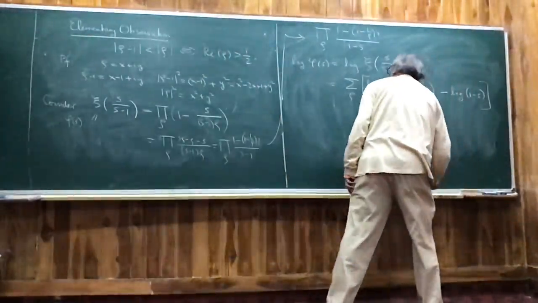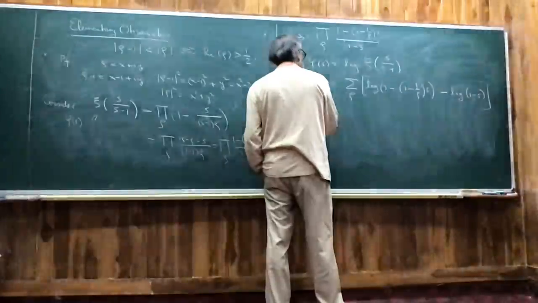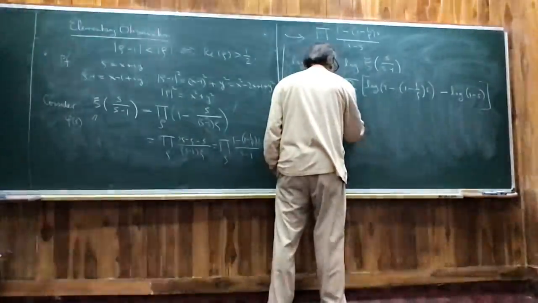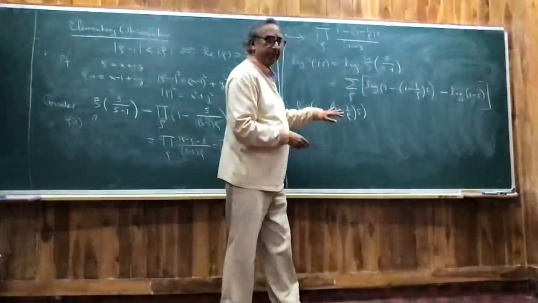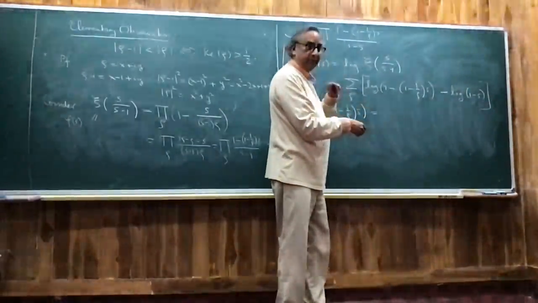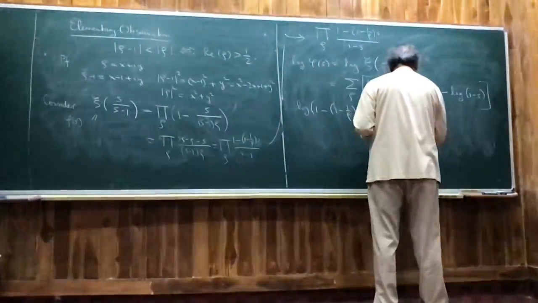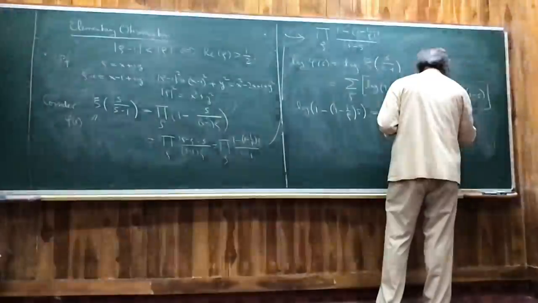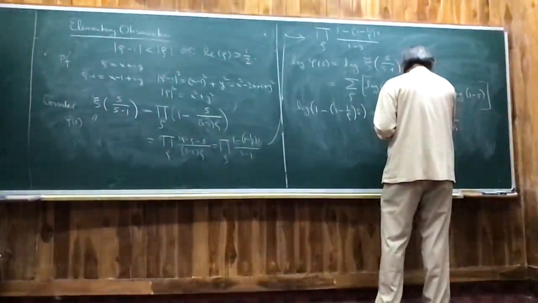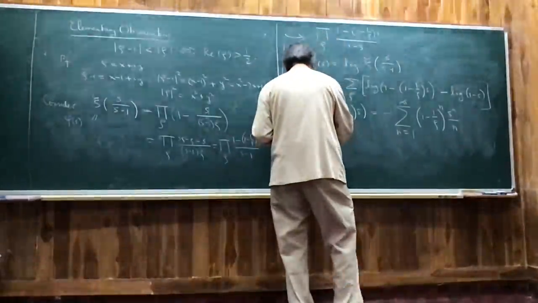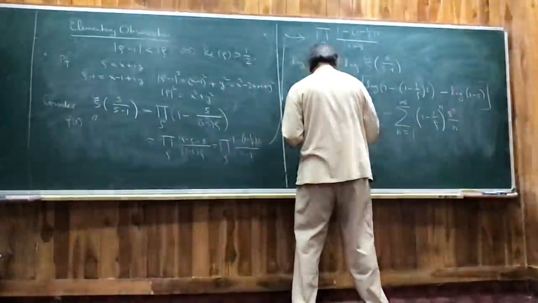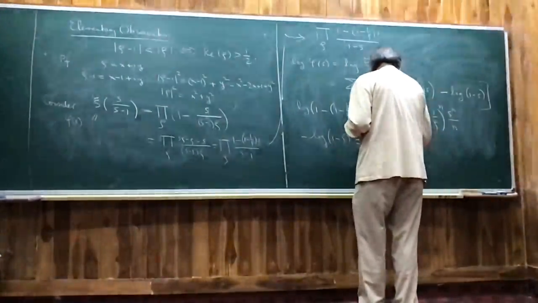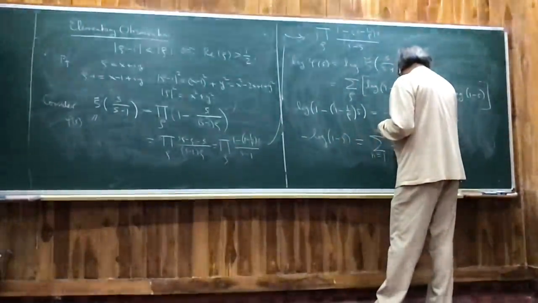Then log of 1 minus 1 over rho S has a Taylor expansion: minus the sum of (1 over rho)^n S^n over n, n going from 1 to infinity. And minus log of 1 minus S has an expansion, the sum from 1 to infinity of S^n over n.